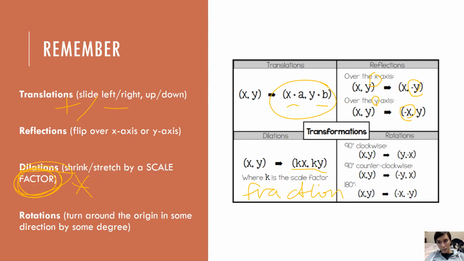Okay, rotations. We can go 90 degrees clockwise, 90 degrees counterclockwise, or 180 degrees. So if it's 90 clockwise, you flip-flop your x and y. Well, first, you're going to take your x and make it negative. Then you're going to flip-flop your x and y. If it's counterclockwise, you're still going to flip-flop your x and y.